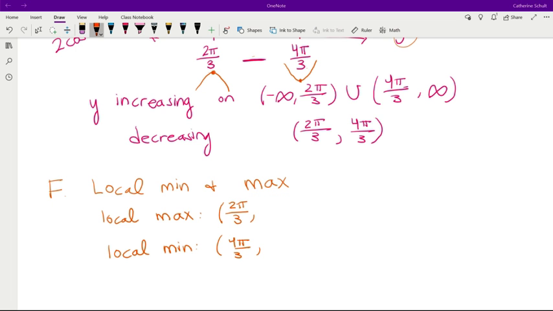All right, and then to find the value, we're going to plug that stuff in. It's root 3 over 2 on the top, and then 2 plus -1/2 on the bottom.